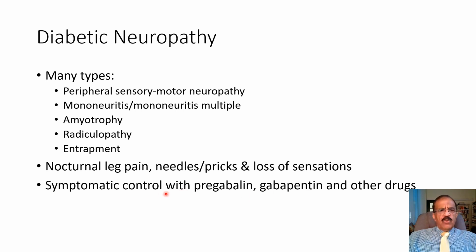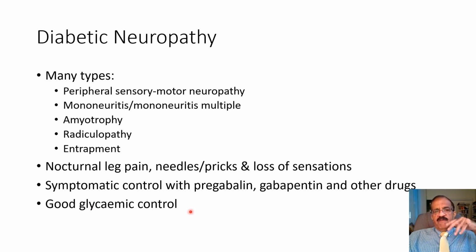But let me tell you, this is a very, very annoying symptom, and the patient would want to do whatever it takes to have their symptoms relieved. Of course, we like to tighten their glycemic control. I'm not sure if that will stop further progression of neuropathy, but at least we know that the patient is heading toward other complications, so we definitely need to give him better glycemic control.